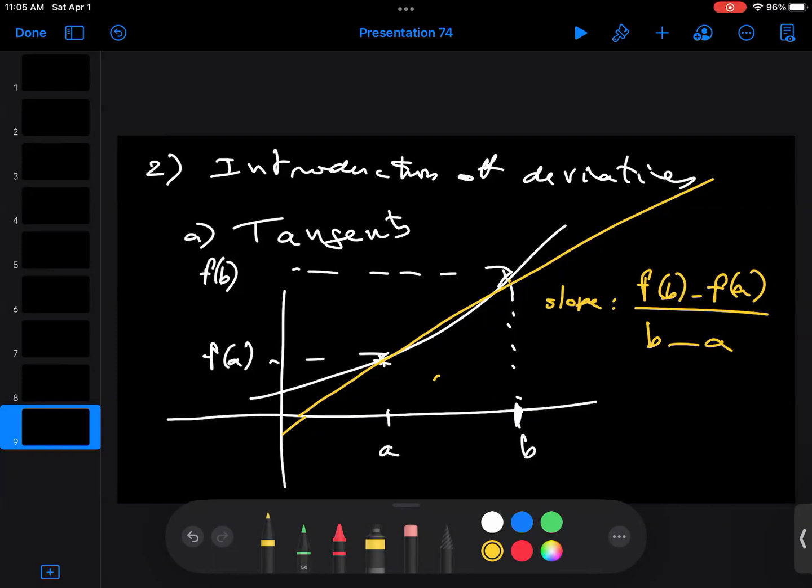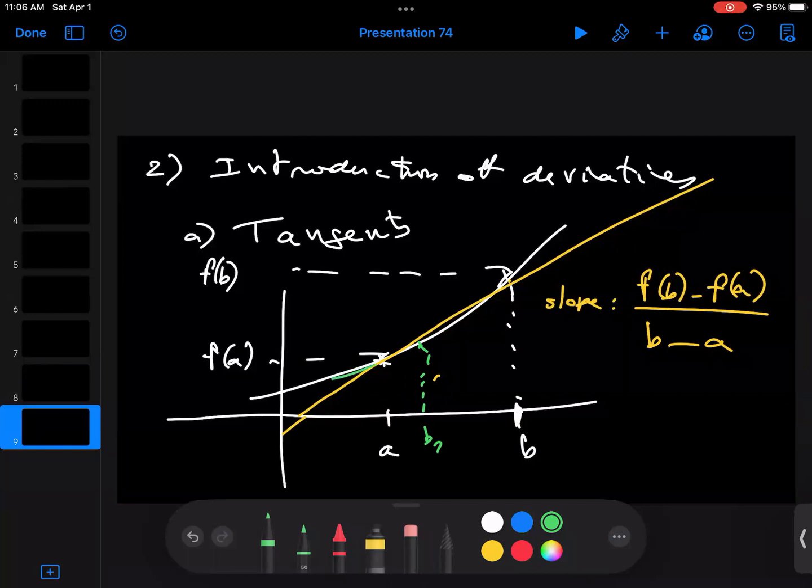But I could choose another B. So let's say I choose B2 here, and now instead of the yellow line, I obtain a green line, which will connect the points A, f of A and B2, f of B2.